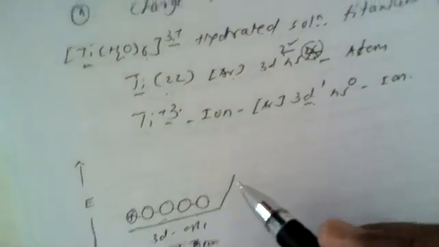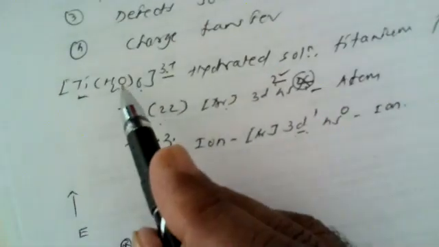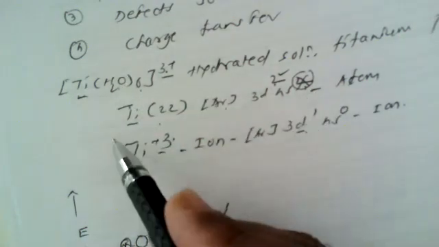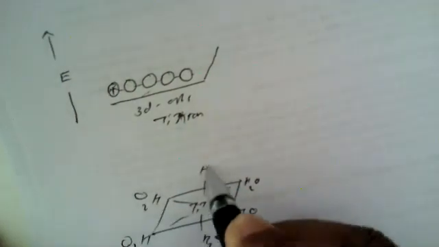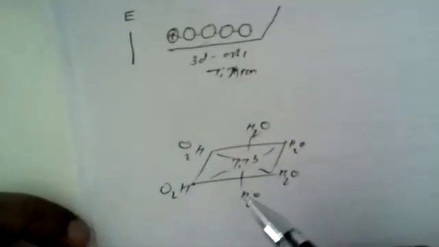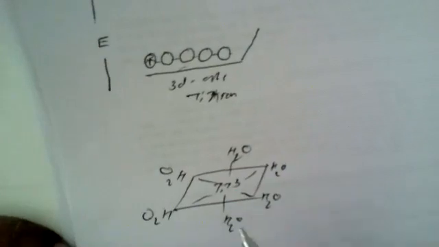Now, when these 6 water molecules come closer to the d orbitals of this titanium, for example, this is an octahedral complex with Ti plus 3 at the center, surrounded by these 6 water molecules in an octahedral fashion. This is Ti(H2O)6 3 plus.